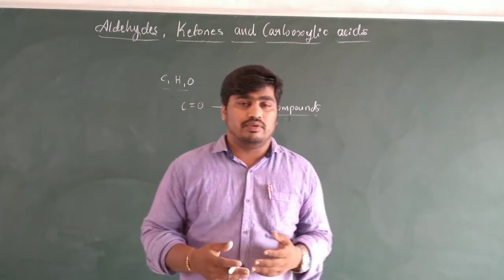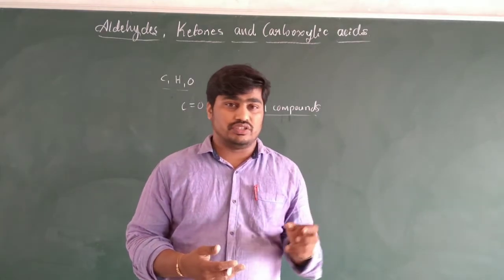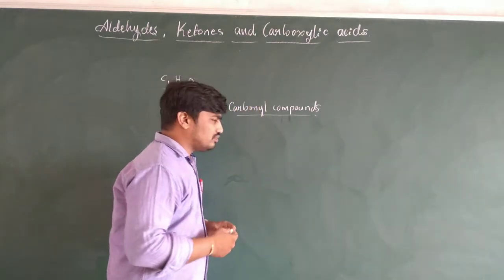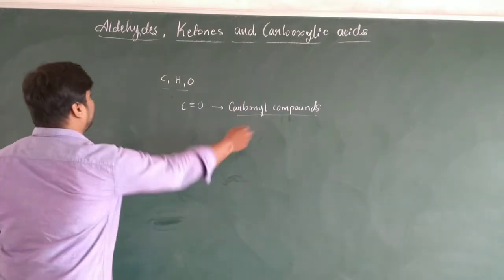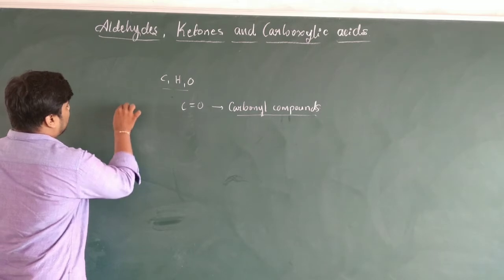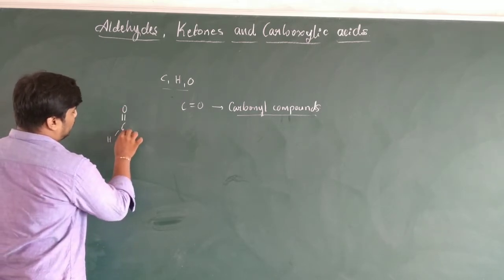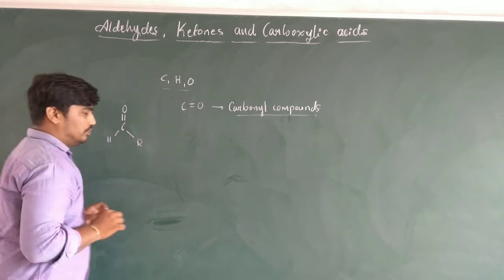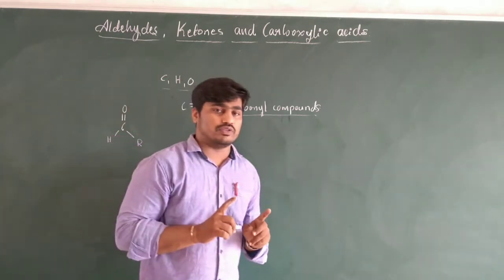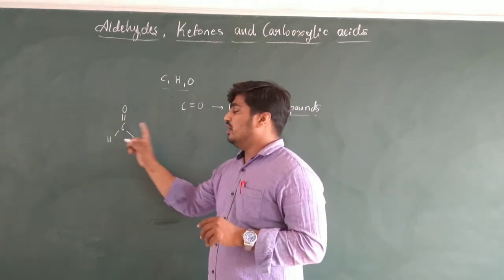Then what is the general formula under aldehydes, ketones and carboxylic acids? Here there is a carbon-oxygen double bond, and the carbon is bonded with one hydrogen and one alkyl group to this carbonyl carbon.